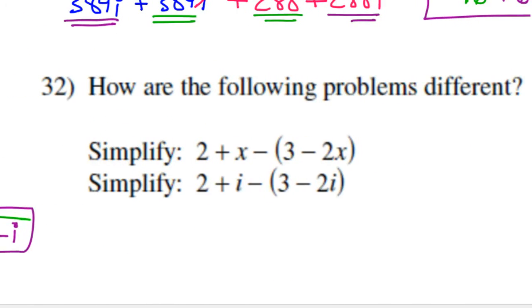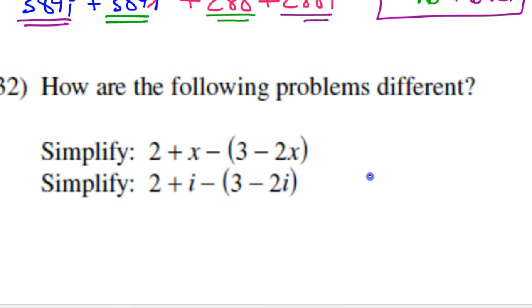All right, last problem. How are these two different? Let's start it out. In both cases, we're going to distribute this negative 1. Here I'm just going to recopy the 2 plus x part, and down here I'm going to recopy the 2 plus i part.